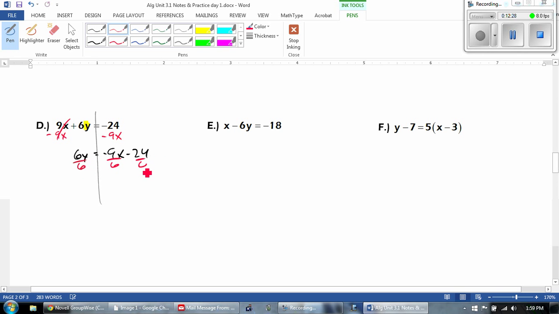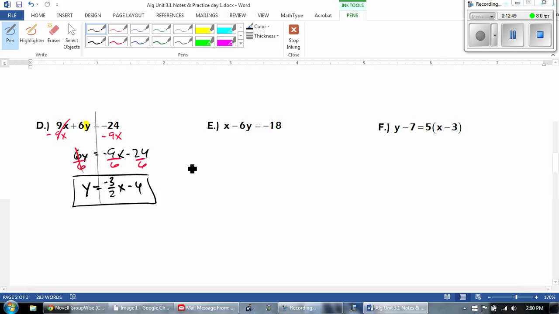And to get the y by itself, I'm going to divide everything by 6. And we get that y equals negative 9 divided by 6 is negative 3/2 x minus 4. All right, why don't you guys try E on your own? Go ahead and pause the video, and good luck.